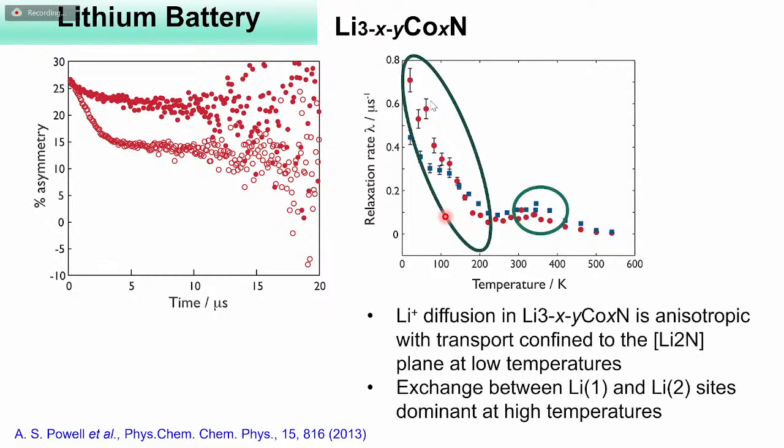From the relaxation rate of muon spin, there is a kink at high temperature and a rapid increase in relaxation rate at lower temperature. From this figure, we can see that it is anisotropic, with transport confined to the lithium nickel planes at low temperature, and exchange between lithium ion sites dominant at high temperature.